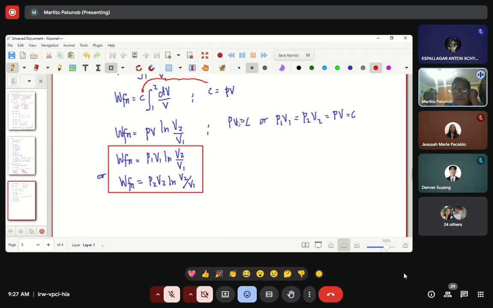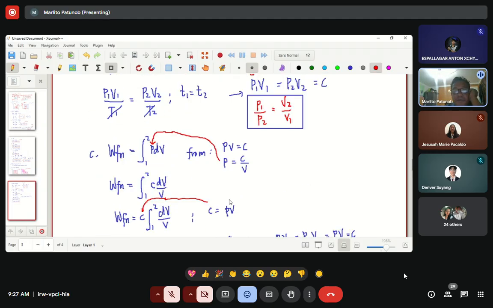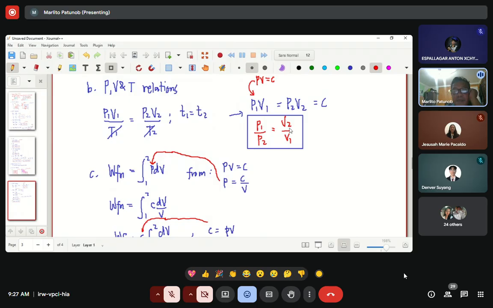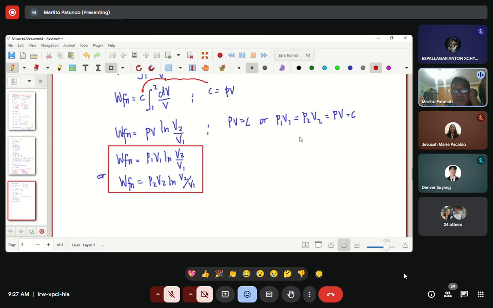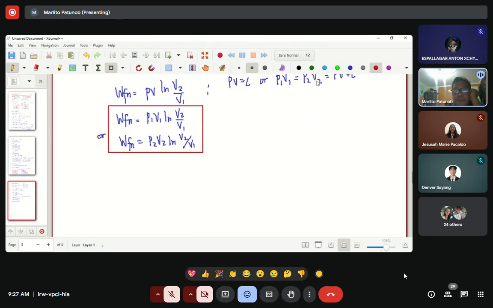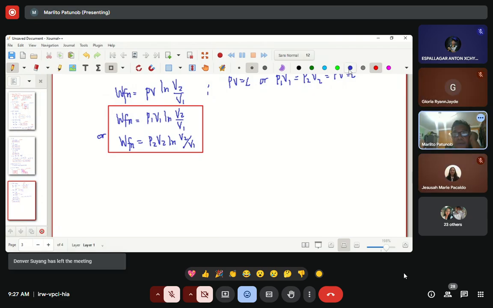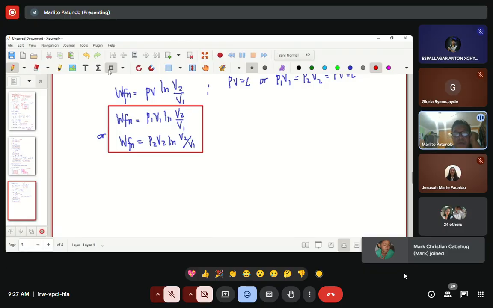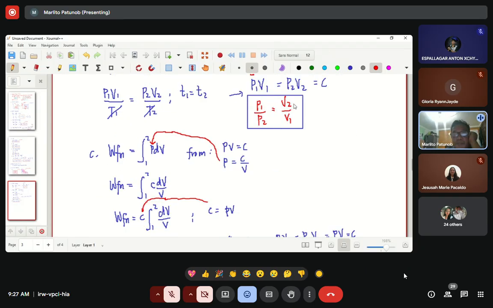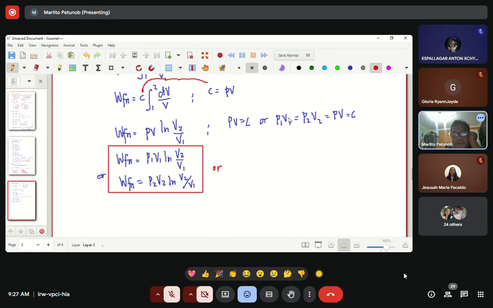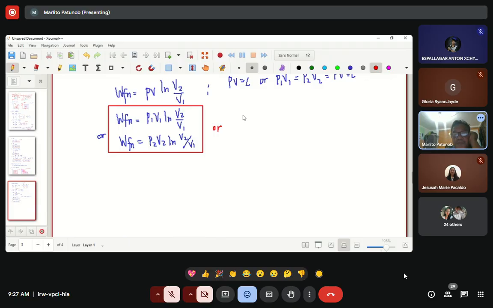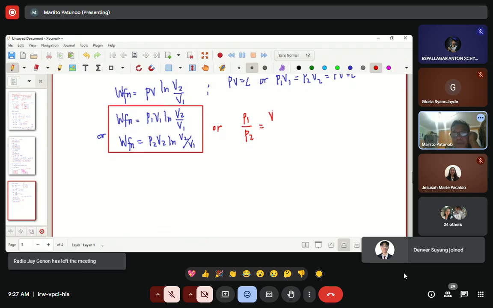Okay. Also, if you go back here, P1 over P2 is equal to B2 over B1.